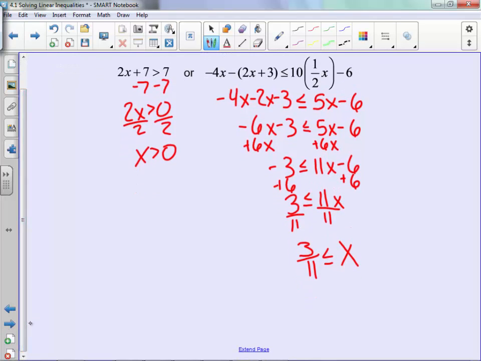So we're going to be graphing both of these. X is greater than 0 or x is greater than or equal to 3/11.